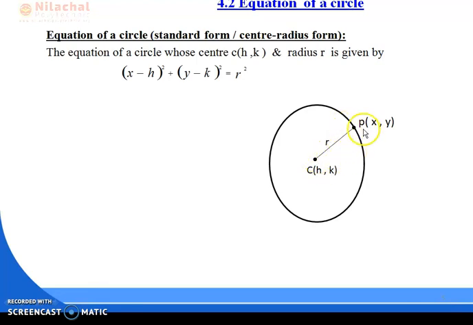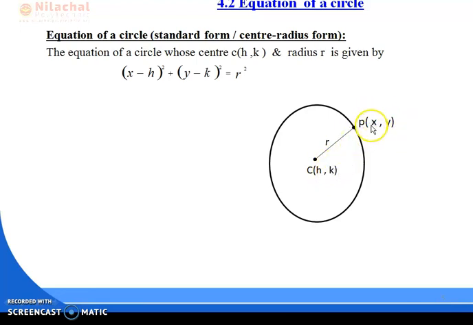So how do we find the CP distance? You know that by two-dimensional coordinate geometry, we have the distance formula. What is the formula of the distance? Square root of (x2 minus x1) whole square plus (y2 minus y1) whole square. So here let x2 be x, x1 be h, y2 be y, and y1 be k.